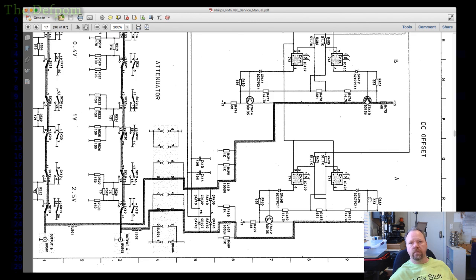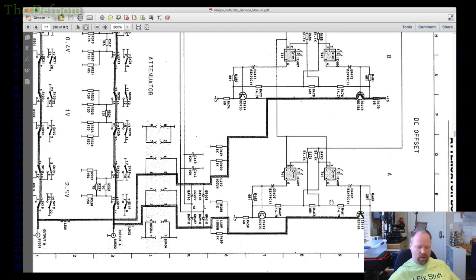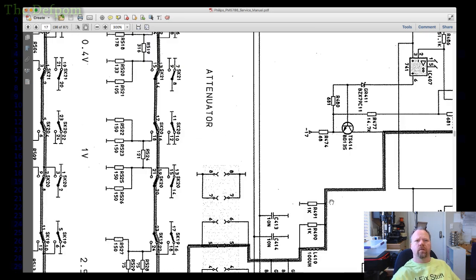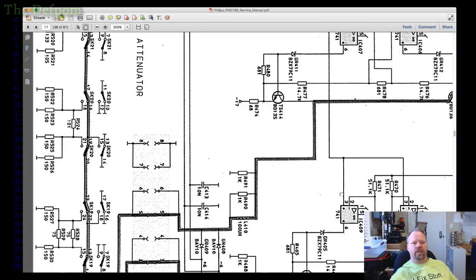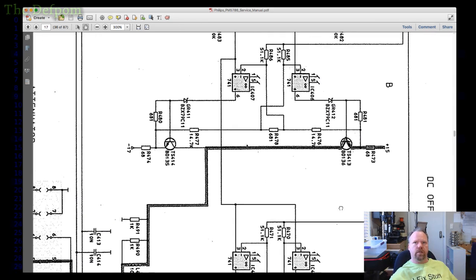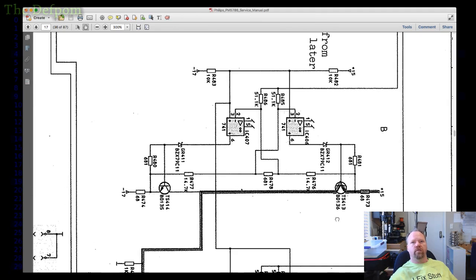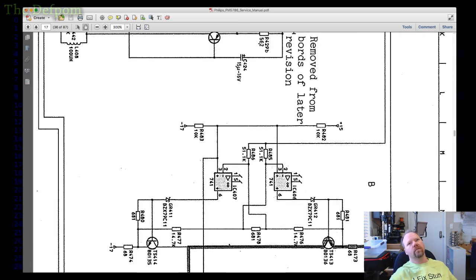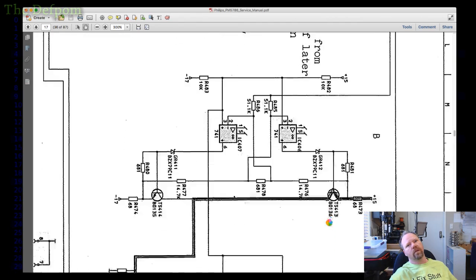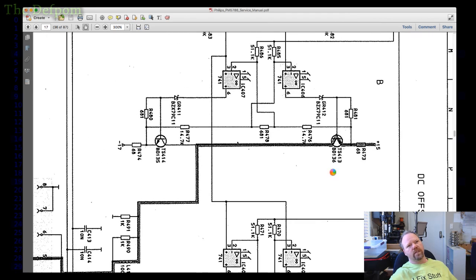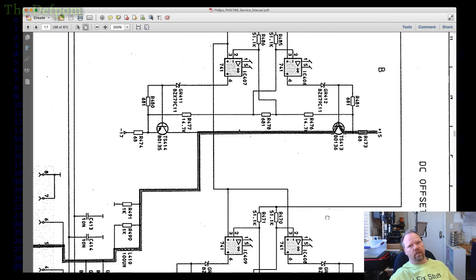How's it going, Sion? You out and about there? Yeah, trying to fix something. Unfortunately, I can't find an exact circuit diagram for this particular model, so it's a case of trying to match it up with other stuff. So it's DC offset. I mean, it is affecting DC offset.